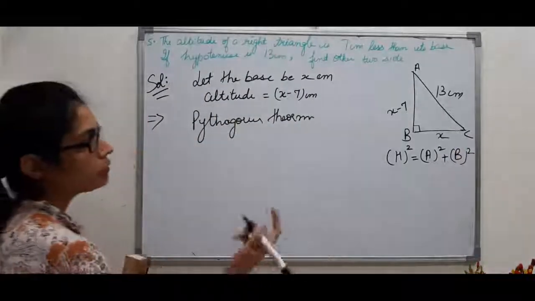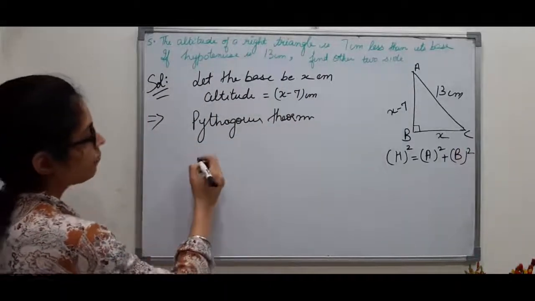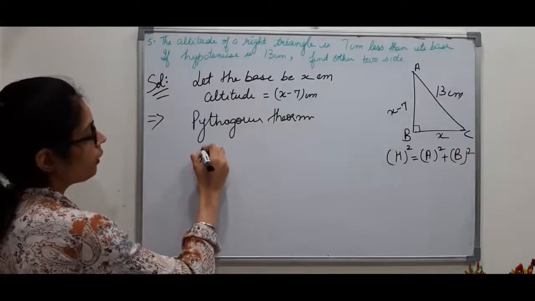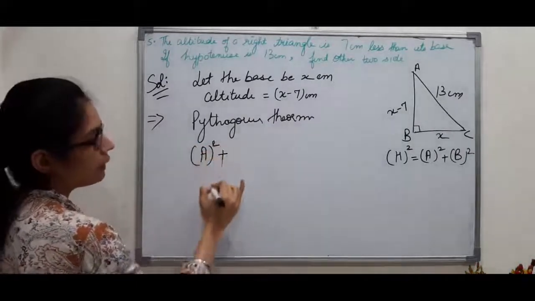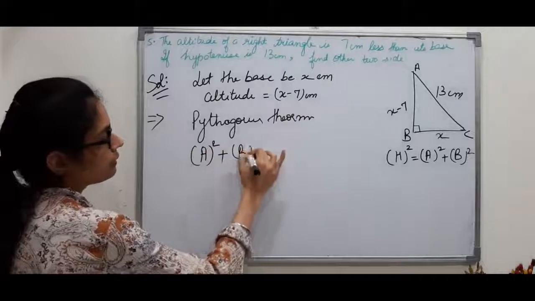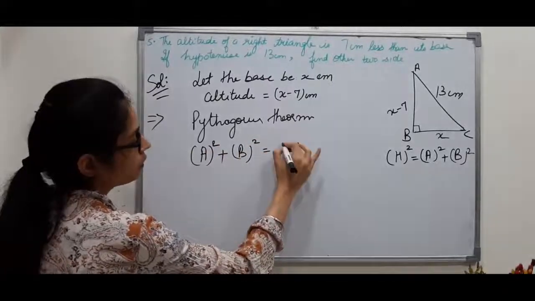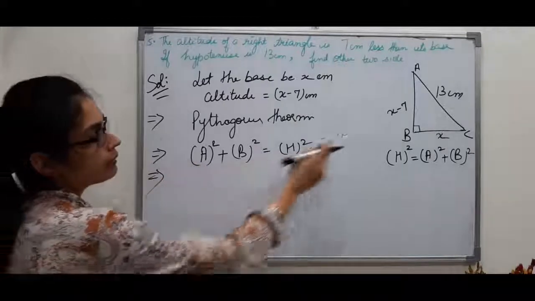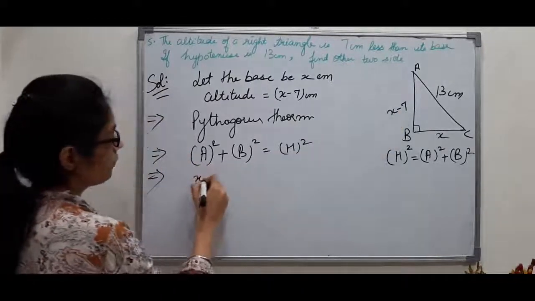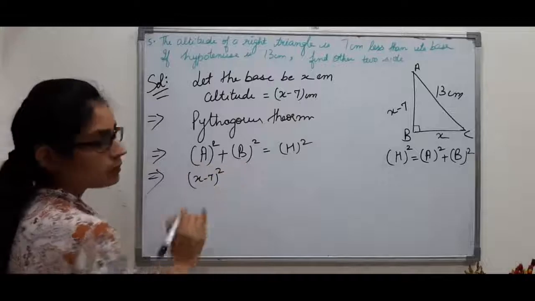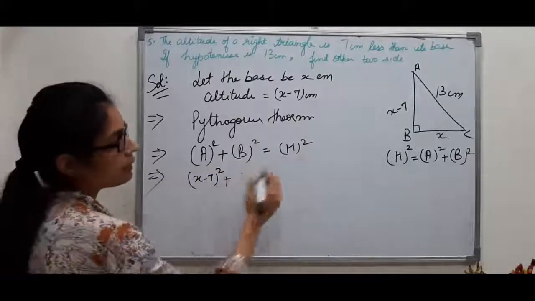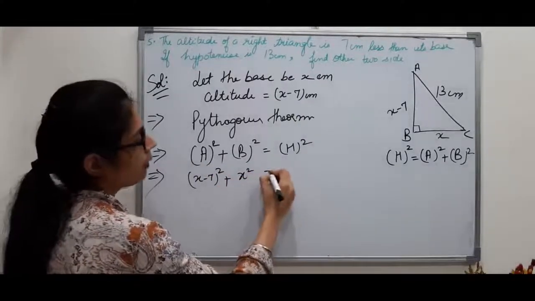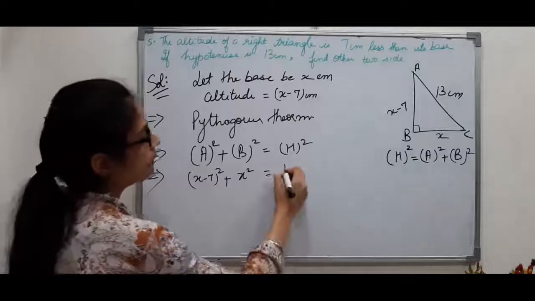So here I will write the square of altitude plus square of base equals hypotenuse square. This is the Pythagoras theorem. Altitude is x minus 7 whole square, base is x square, hypotenuse is 13 square.